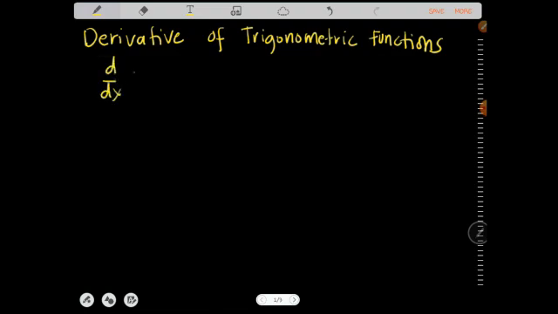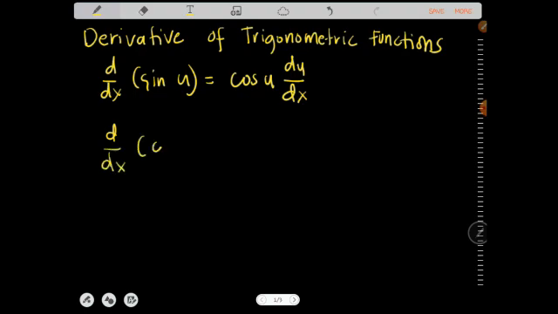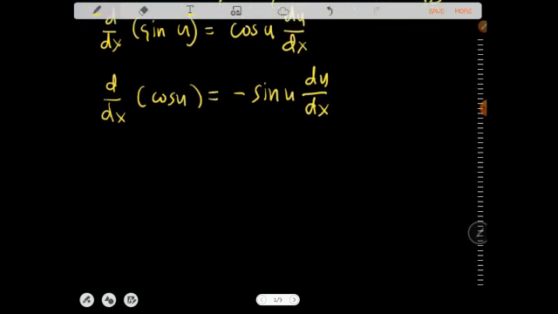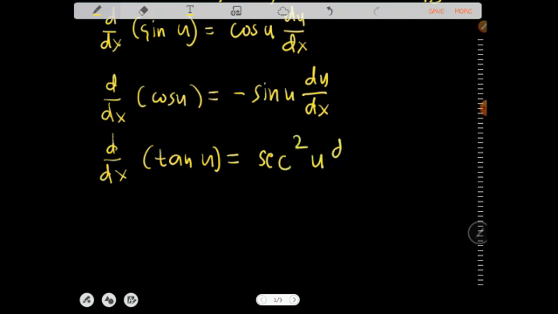The derivative of sine u is equals to cosine of u, derivative of u in terms of x. Okay? Next, the derivative of cosine u is equals to, in this case, negative sine u du over dx. However, the derivative of tan u is equals to secant squared u, derivative of u in terms of x.